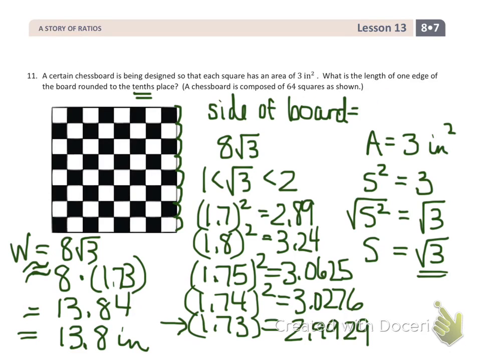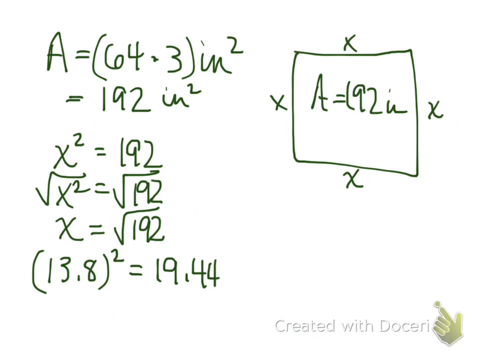We decided to say 13.8 inches. So we're checking it now. 13.8 squared is 190.44, so that's too small. But let's see if 13.9 squared is closer.